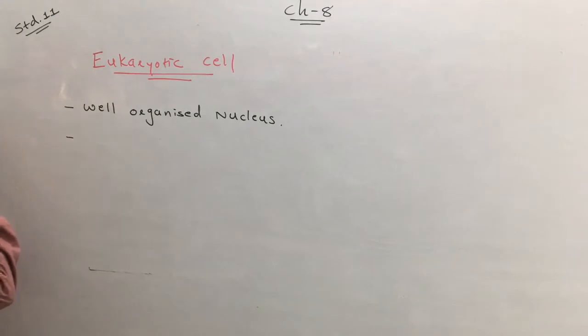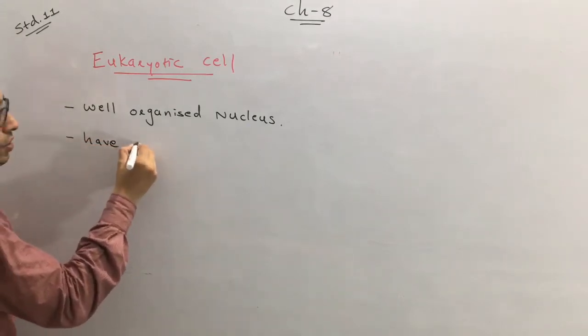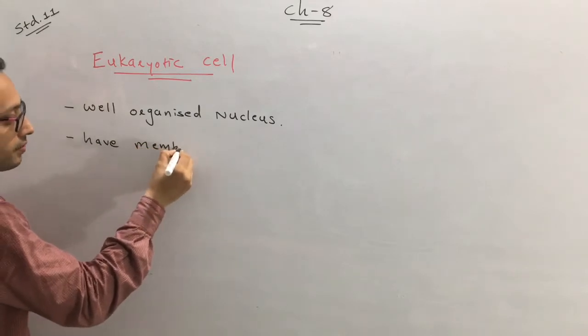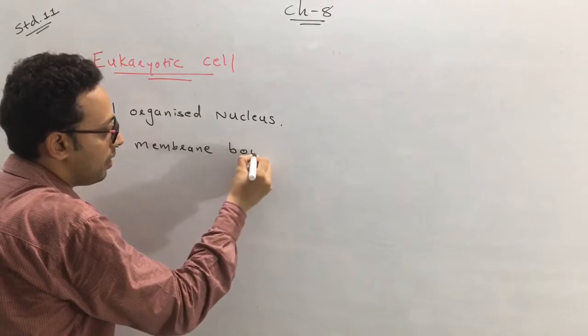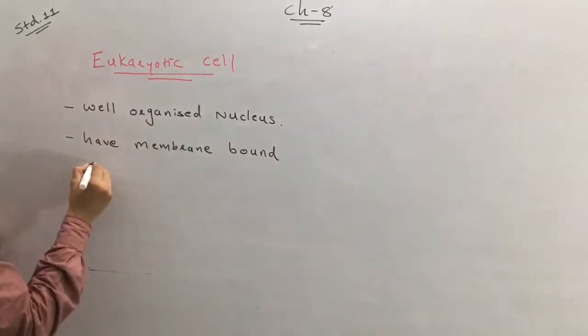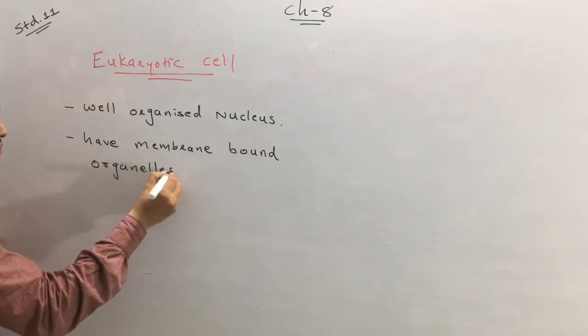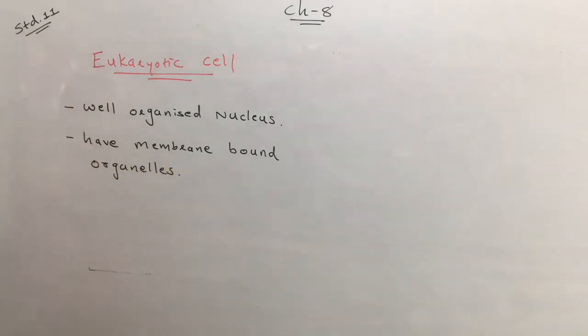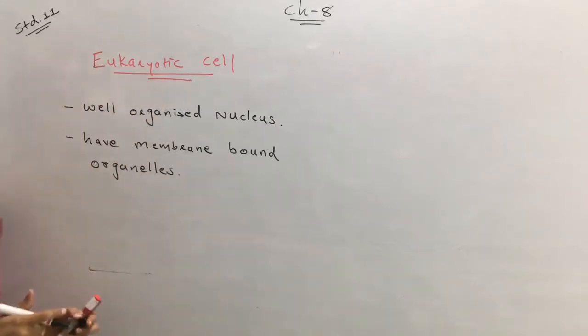The second one is that they possess membrane-bound organelles like ER, Golgi body, lysosome, vacuole, mitochondria, microbodies. You can find these in a eukaryotic cell.